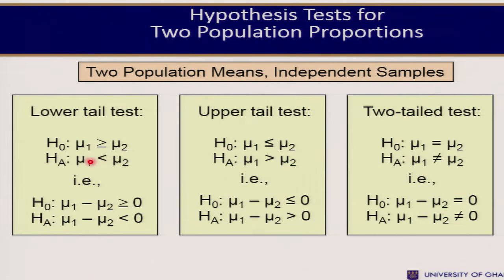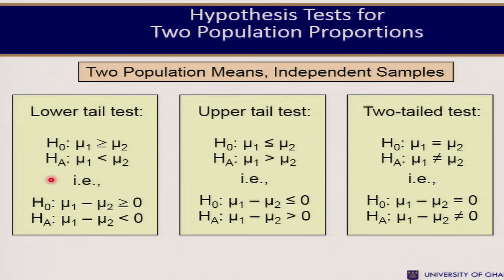So, for independent samples, we could also have a lower tail test, an upper tail test, or a two-tail test, as we saw in the introductory stage of hypothesis testing, that's session 10. For a lower tail test, we have our null hypothesis, which will be stated as the mean for group 1, which is mu1, is greater than or equal to mu2, that is the mean for the second group.